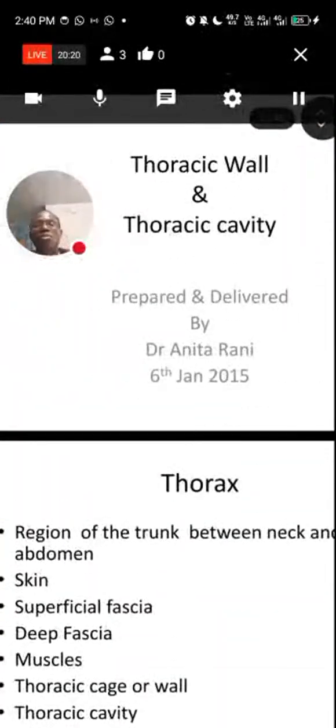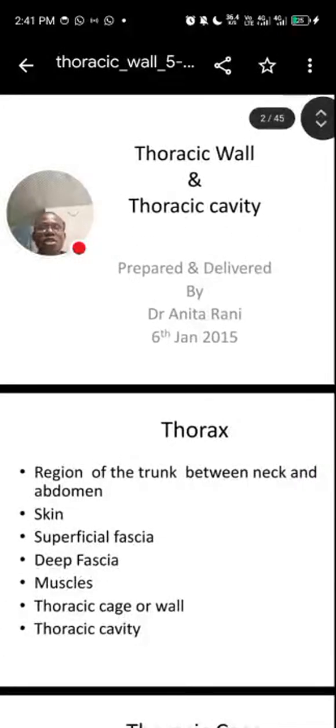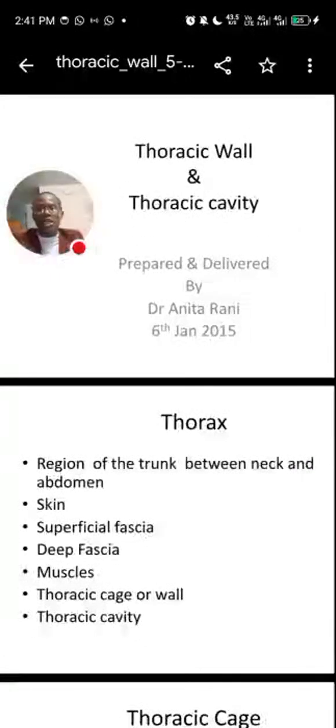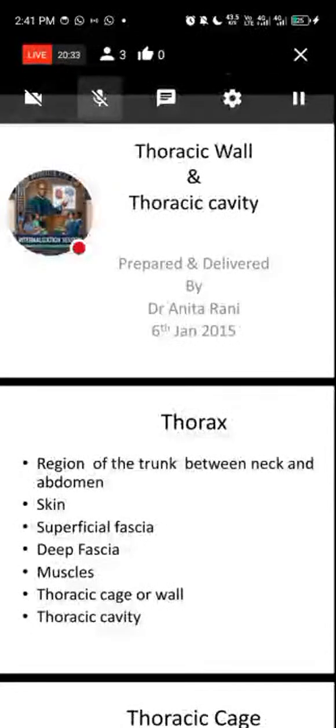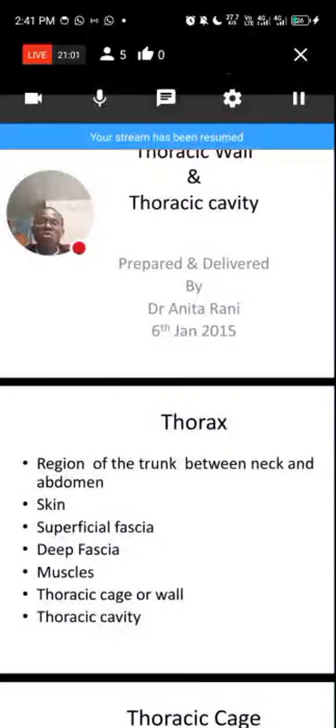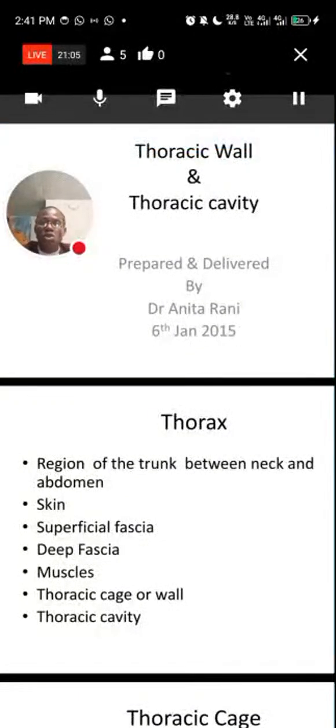We are saying that thorax can be studied under outlines, just like the upper and lower limb is studied under outlines. Each of these can be done using outlines.